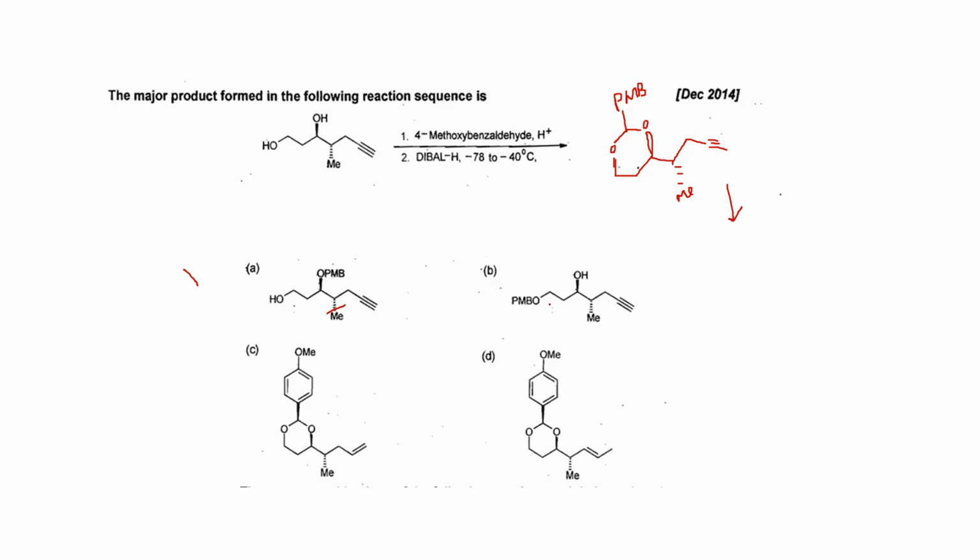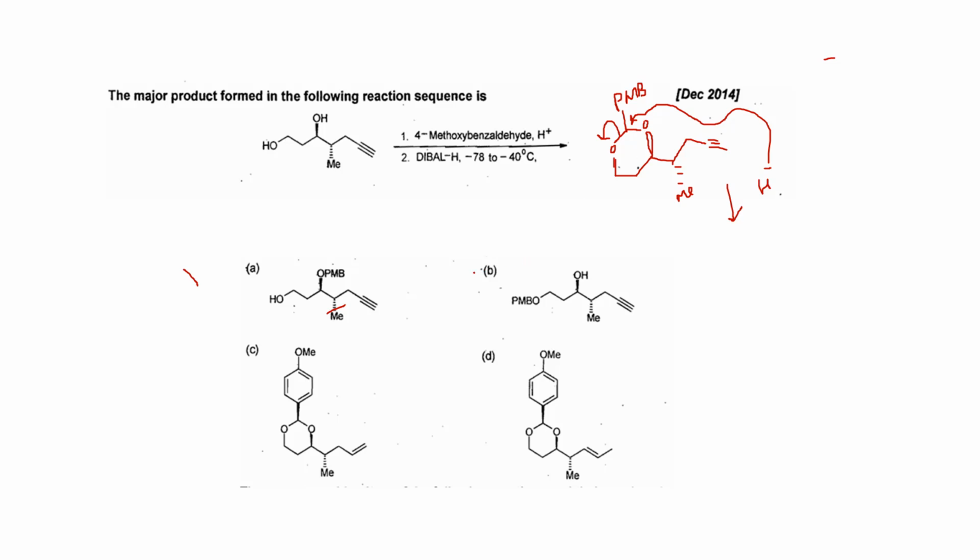DIBAL-H will give an H minus and this H minus will add to this position. Now which bond will break? So in case of DIBAL-H, if it goes here, the less hindered bond breaks, and after our reaction we will get, so if this breaks, PMB is attached to this internal oxygen.